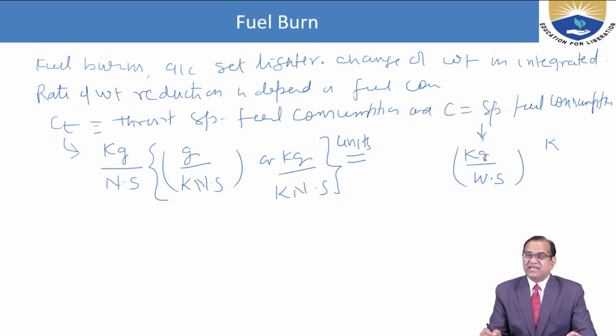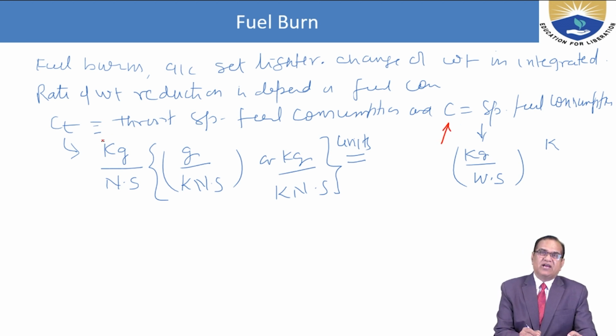This is a unit, but here it is kg per watt second. That is the difference. So we have to be very careful. We are using this one for the propeller aircraft, and this one we are using for the jet aircraft. So this unit is a little different here, and we have to take very much care of it.